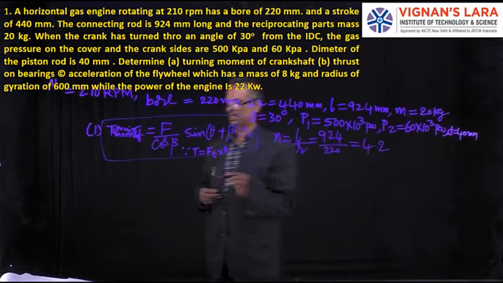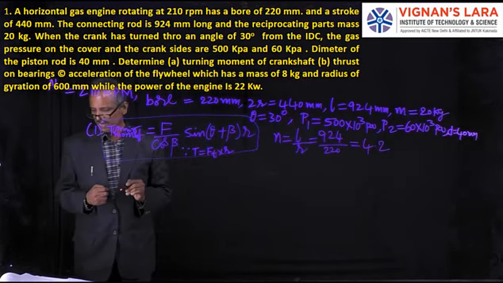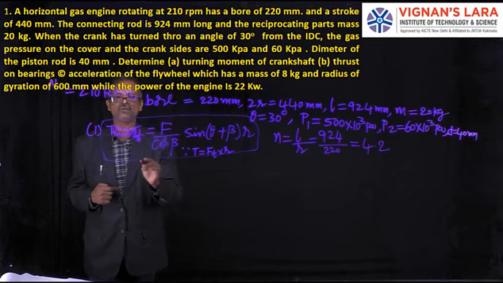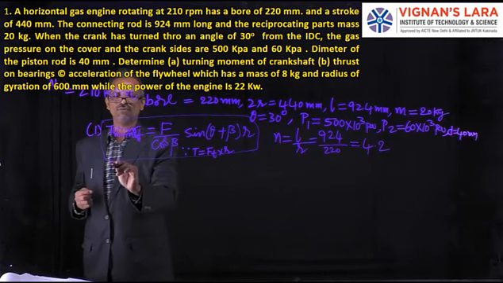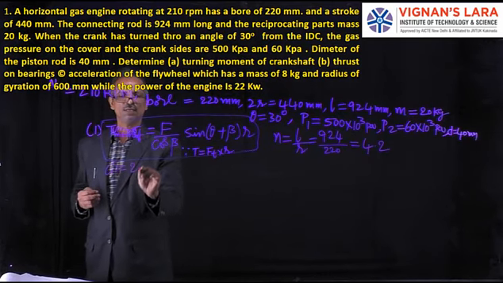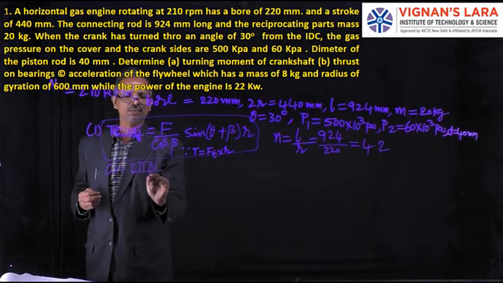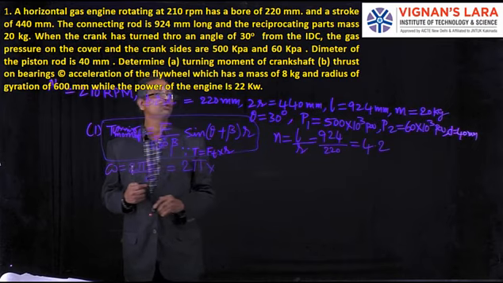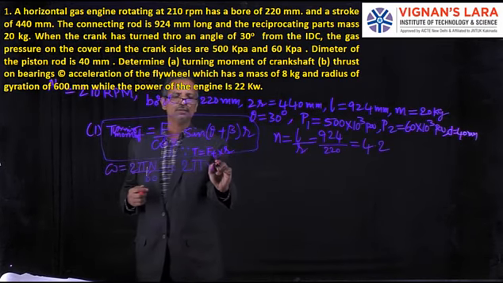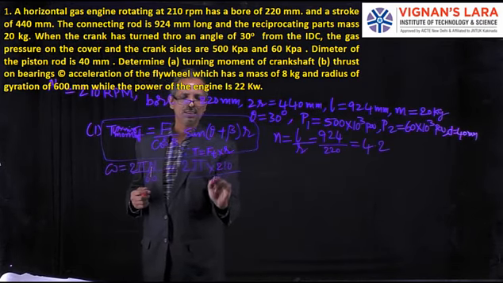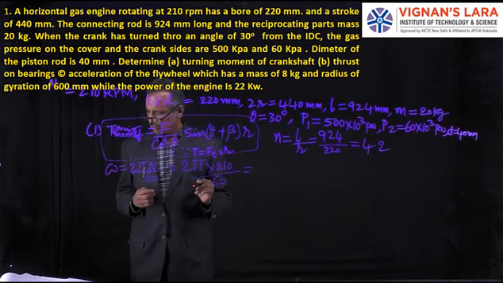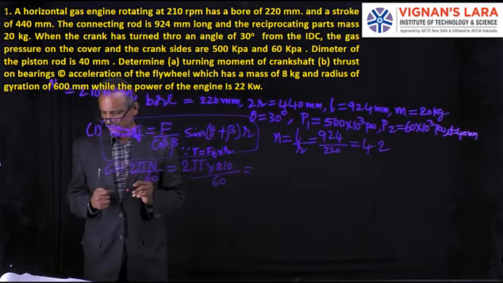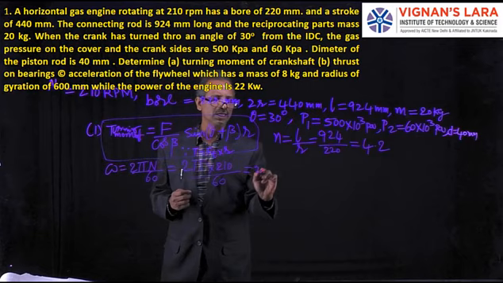That is the first part. After getting the value of n, I would like to find the value of omega, which is 2 pi N by 60, that is 2 pi into 210 by 60, which gives 22 radians per second.